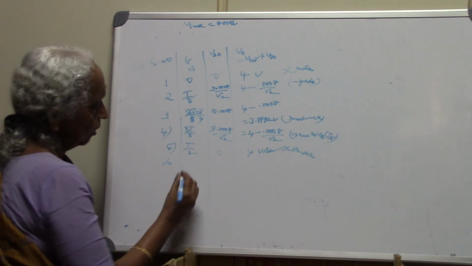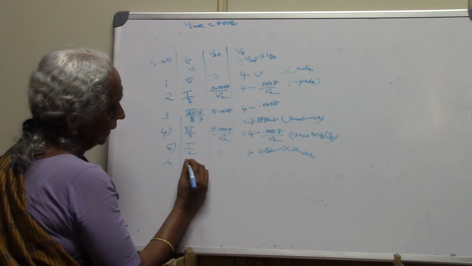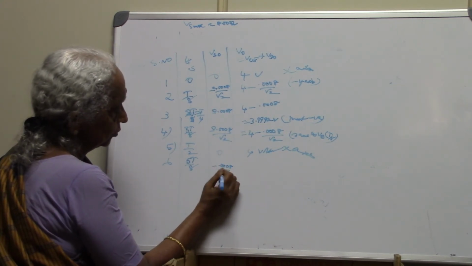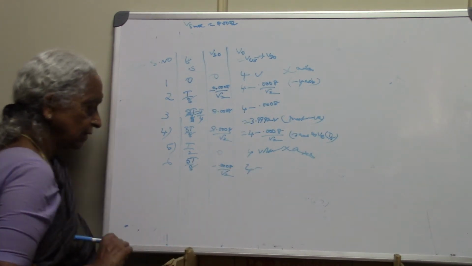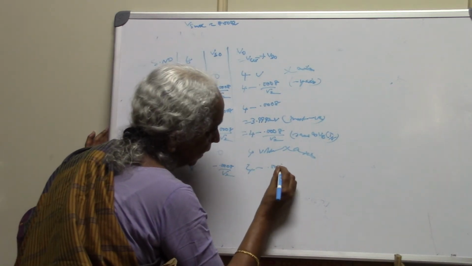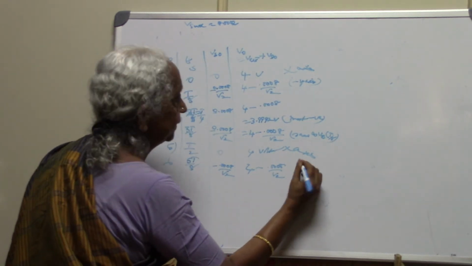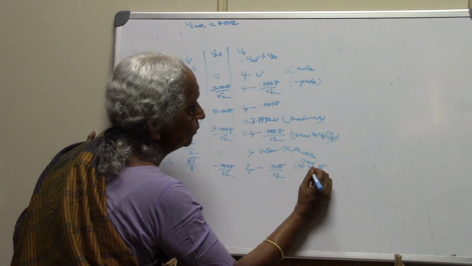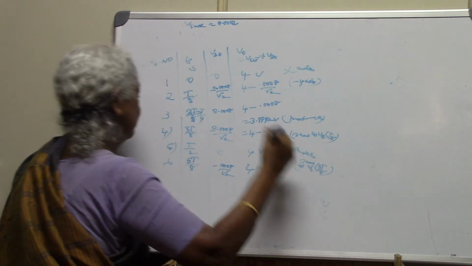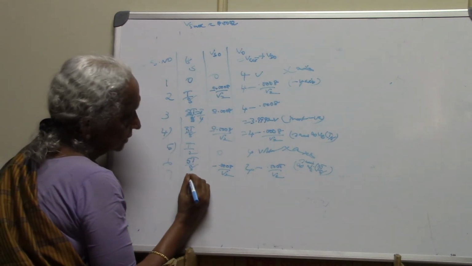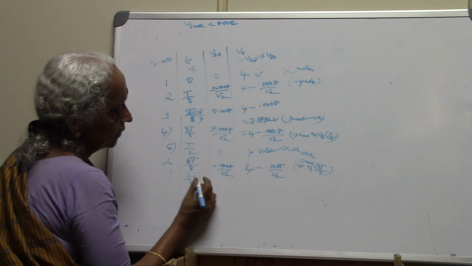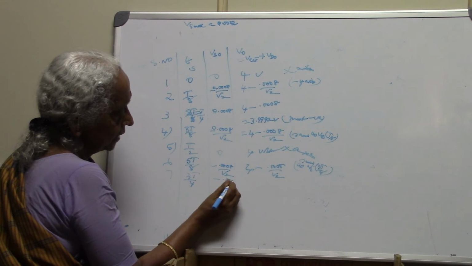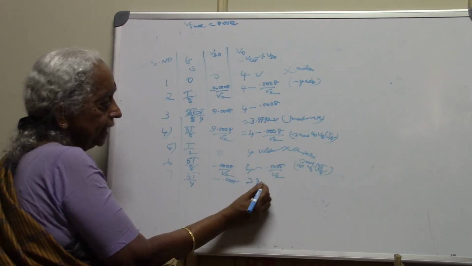Similarly, 6th, if you draw, it will be 5T by 8, it will be minus 0.0008 by root 2, so 4 minus 0.0008 by root 2, same as VO at 3T by 8. Then the 7th is 6T by 8 or 3T by 4, which will be minus 0.0008, so it will be 3.9992.